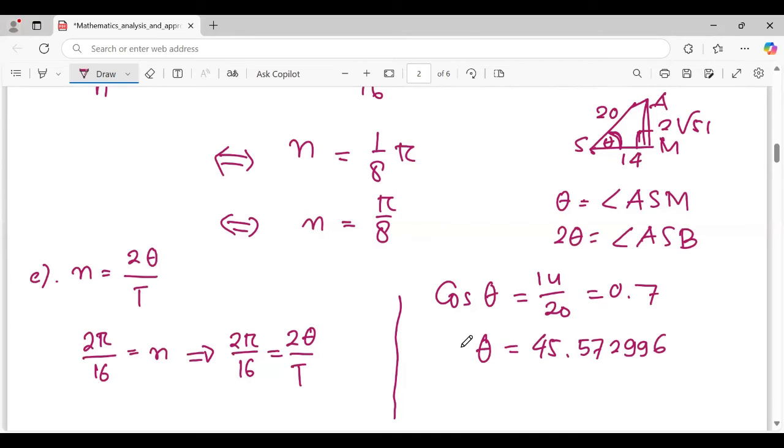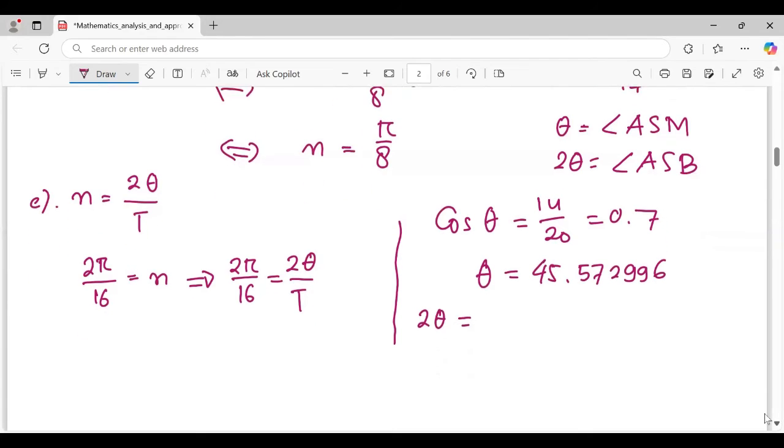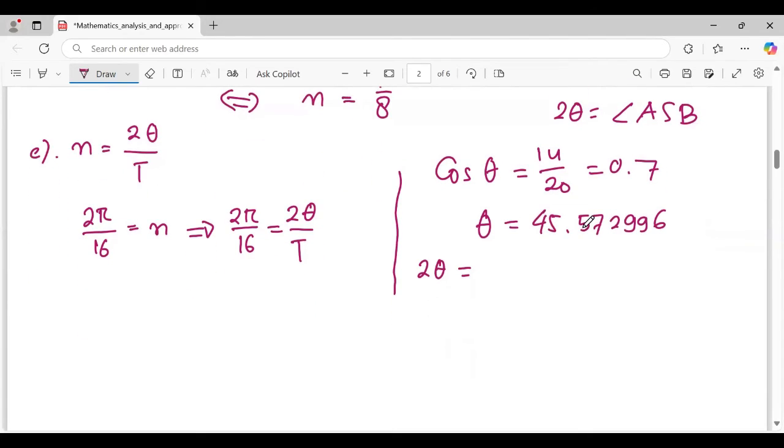45.572996 degrees. That is angle ASM. Next, 2 theta, or angle ASB, is 2 times 45.572996, which is 91.145992.